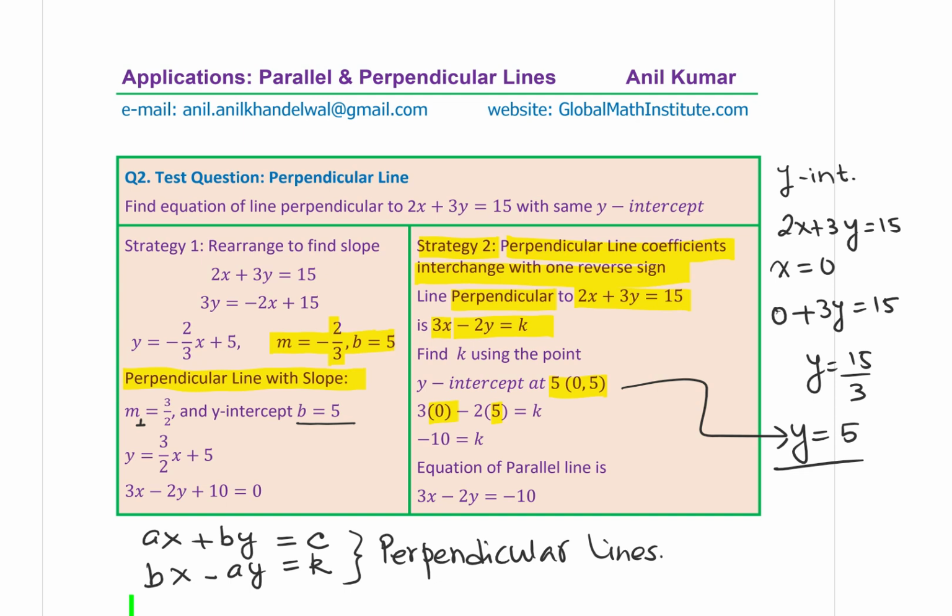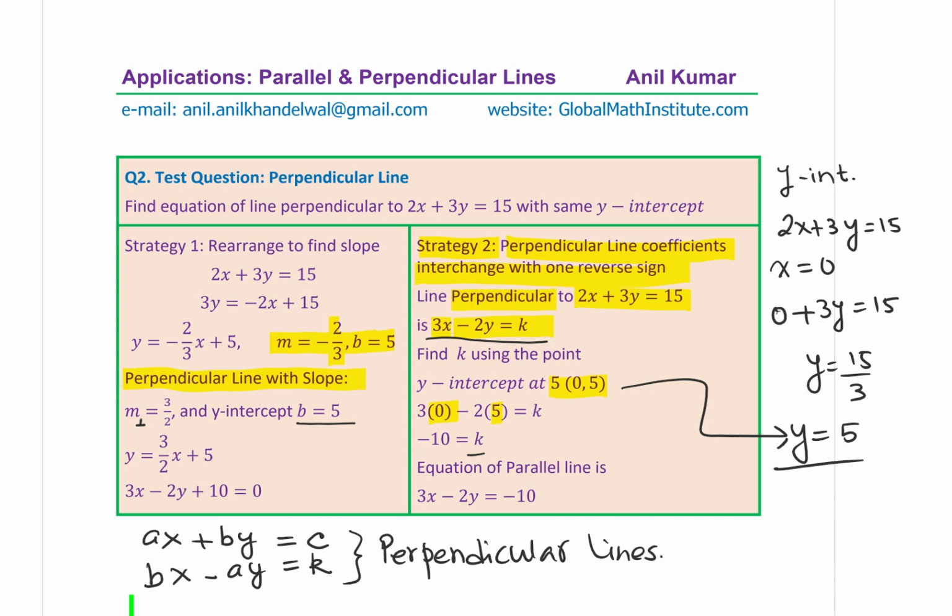So the steps here basically are: rewrite the equation of the perpendicular line by interchanging or swapping the x and y coefficients, making one of them negative. Negative reciprocal, correct? And then find the value of k by substituting the point given.